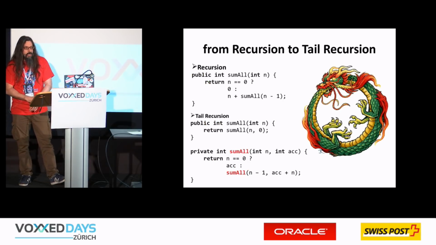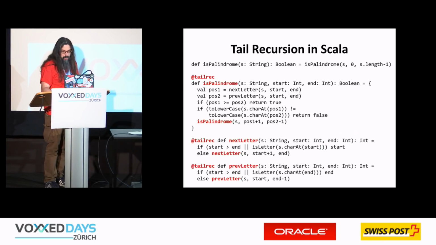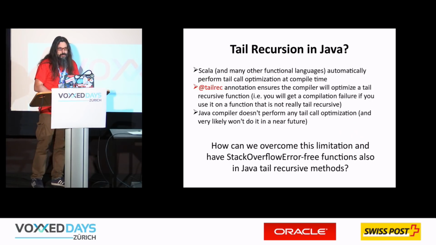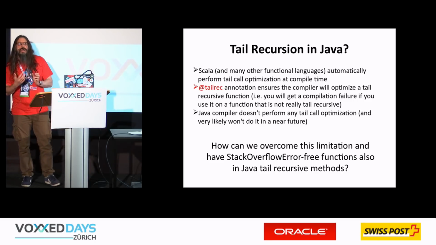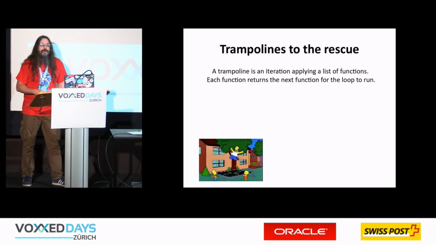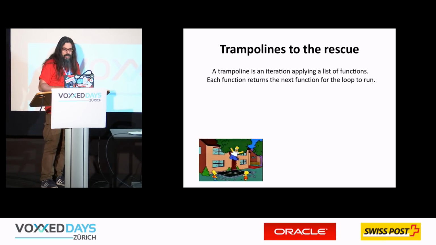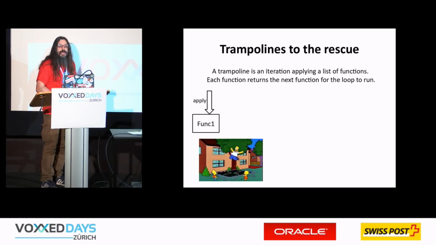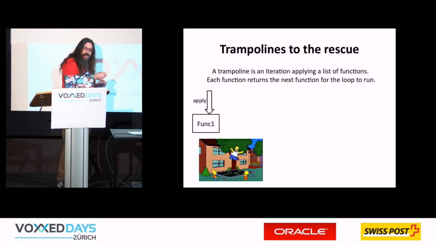What can we do in Java? We can do something to work around this problem, and get tail recursion in Java too, with a pattern called Trampolines. With this pattern, when I invoke a function, I'm not returned the result, because if I need to return the actual result and the result is calculated in a recursive way, you will end up with the Stack Overflow problem.